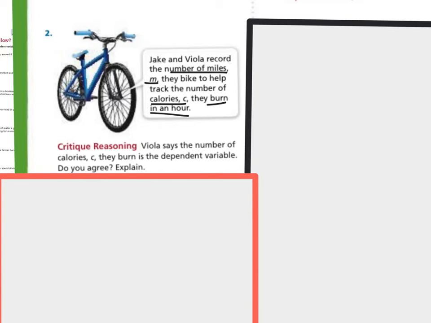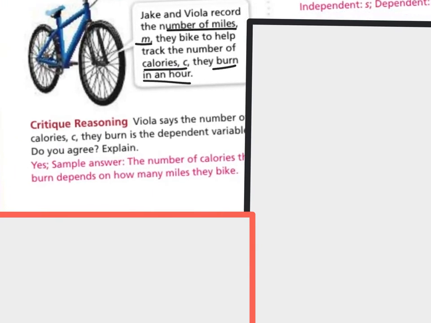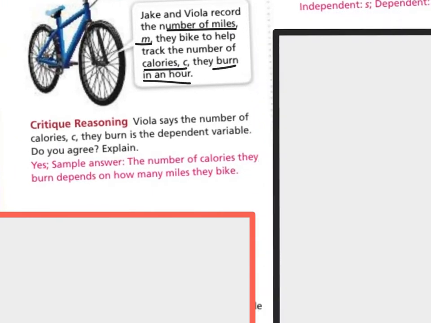In other words, does the number of miles they bike depend on how many calories they burn in an hour, or does the number of calories they burn in an hour depend on how many miles they bike? And so she is actually correct, because the second one of what we said makes sense. The number of calories they burn depends on how many miles they bike.